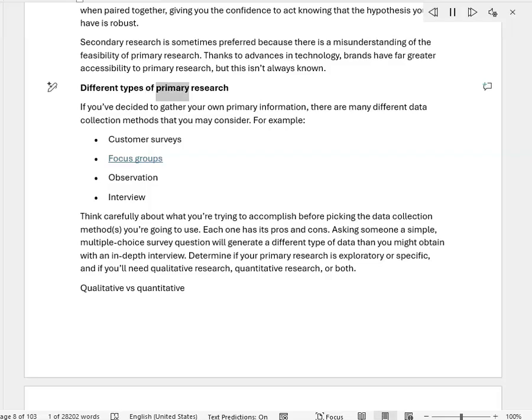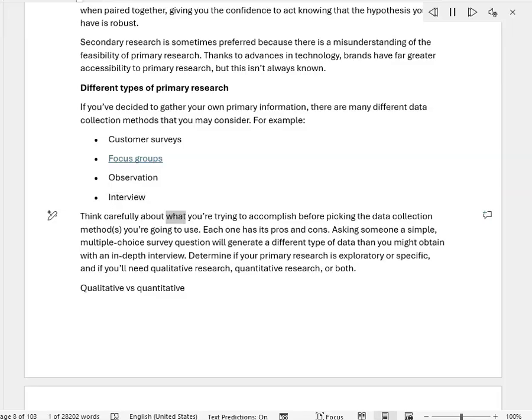Different types of primary research. If you've decided to gather your own primary information, there are many different data collection methods that you may consider. For example, customer surveys, focus groups, observation, interview.